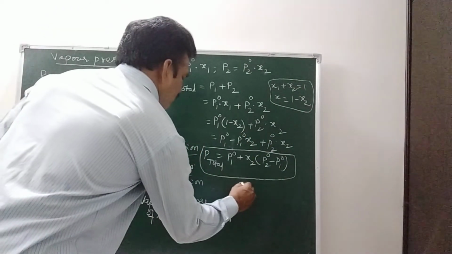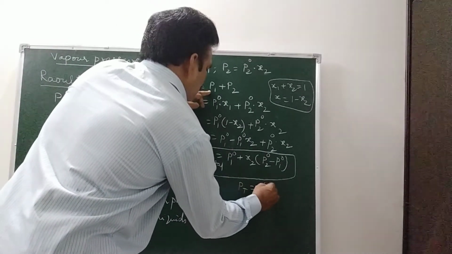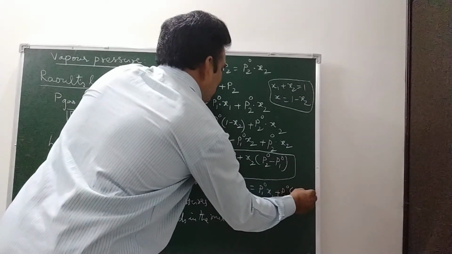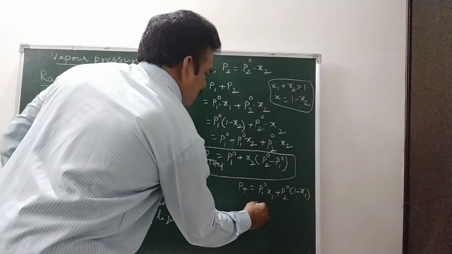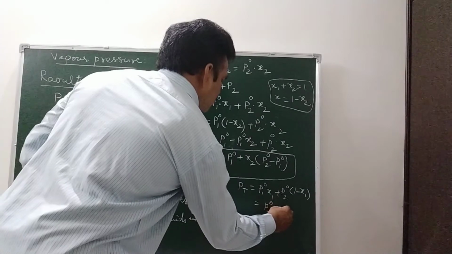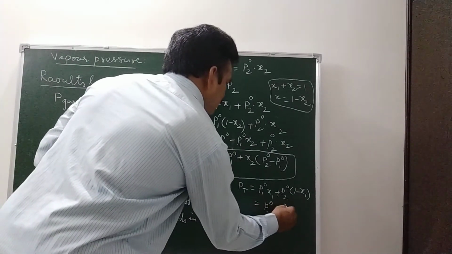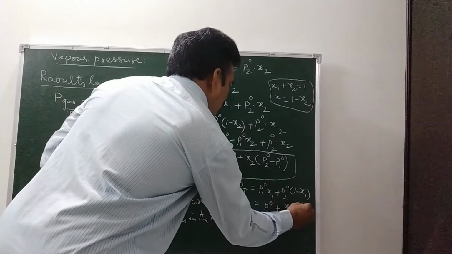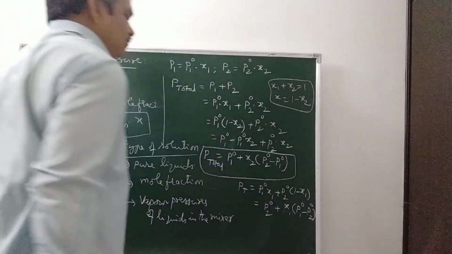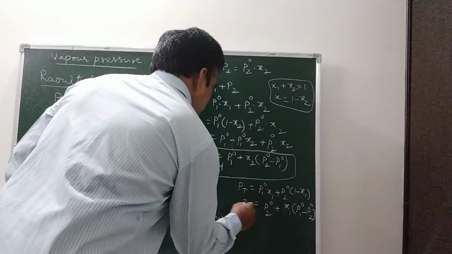P total is equal to P1 naught x1 plus P2 naught into 1 minus x1, or that is equal to P2 naught plus x1 into P1 naught minus P2 naught. So we can write P total like this also.